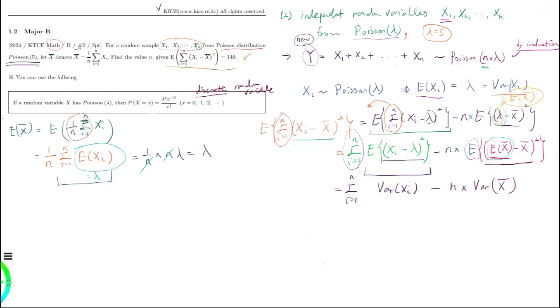And the last punchline is that the variance for each random variable capital Xi is the constant lambda here.